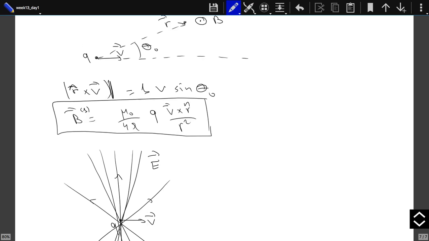Well, you see, what happens is you can start from this law. You see, Q times V is nothing but your current times dl, let's say. From this law, you can obtain the Biot-Savart law from this expression. Just sum the contributions of various charges. A current is many charges in motion. If you just sum the contributions of all of them, then you obtain the Biot-Savart law.